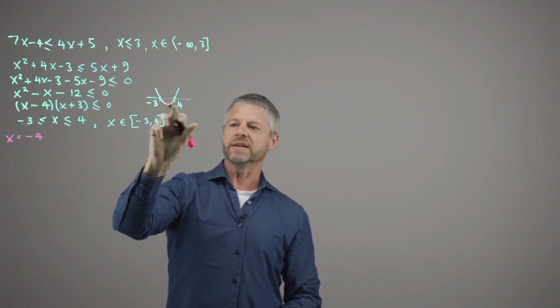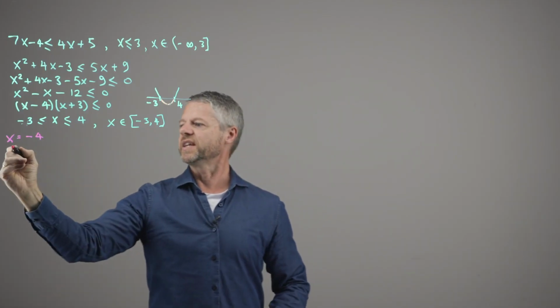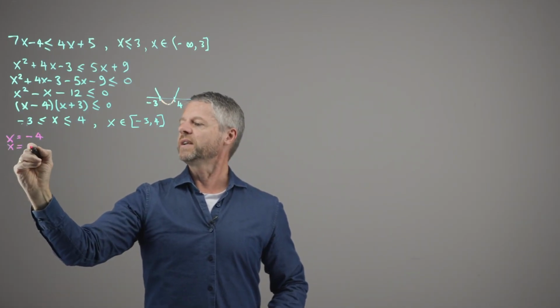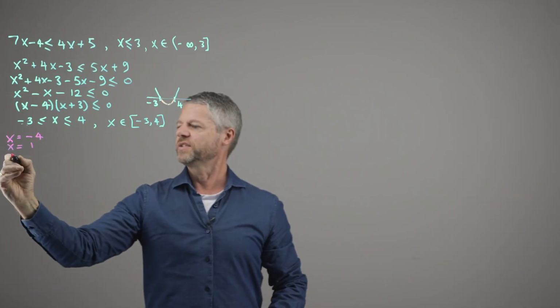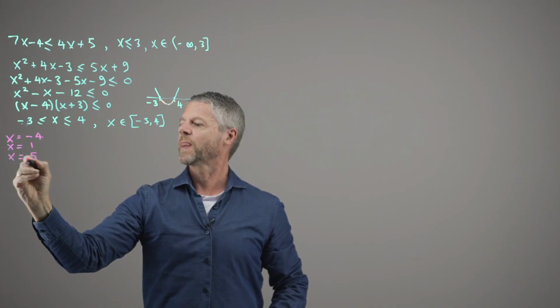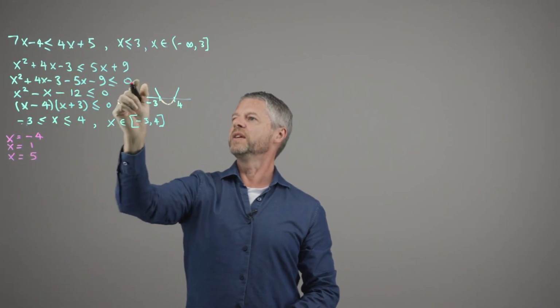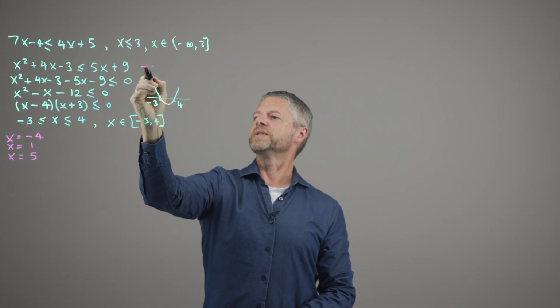And then we'll do one inside the interval, so let's say x equals 1. That's a number inside this interval. And then let's do one on the right-hand side, x equals 5. And see what happens to the inequality that we started with, which was up here.